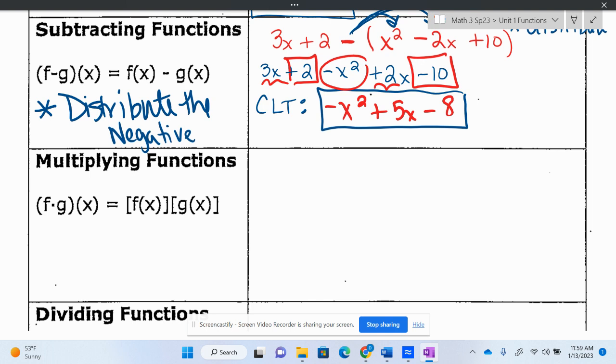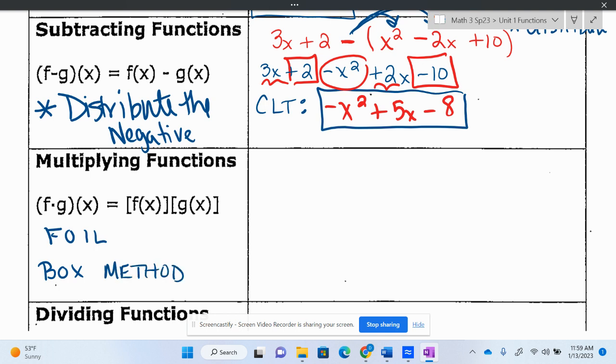We have to think back to when you first started multiplying, like a monomial times a polynomial or a binomial times a binomial. You guys got that in your brain? No? Okay. Well, I'm going to write something up here and maybe it'll help you remember. All right.